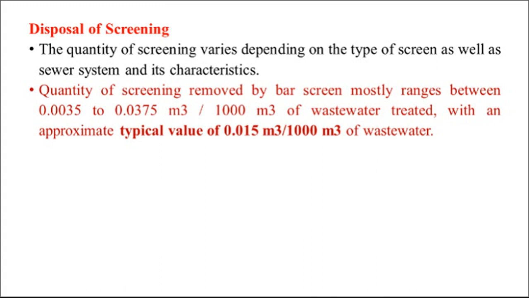Quantity of screening removed by bar screen mostly ranges between 0.0035 to 0.0375 cubic meter per 1000 cubic meter of wastewater treated, with an approximate typical value of 0.015 cubic meter per 1000 cubic meter of sewage flowing through the screen chamber.